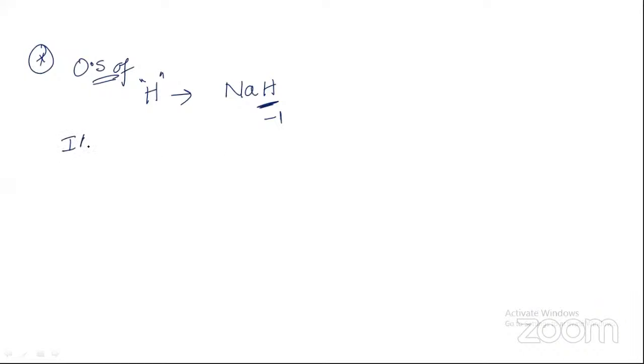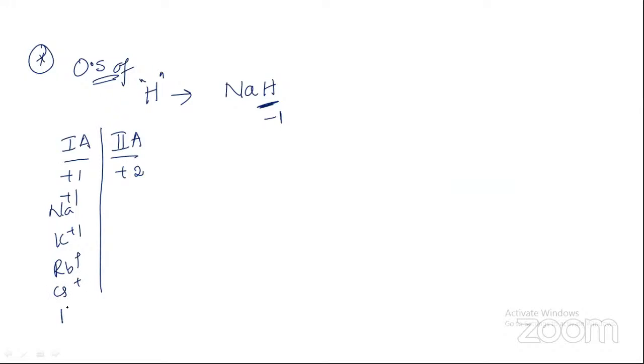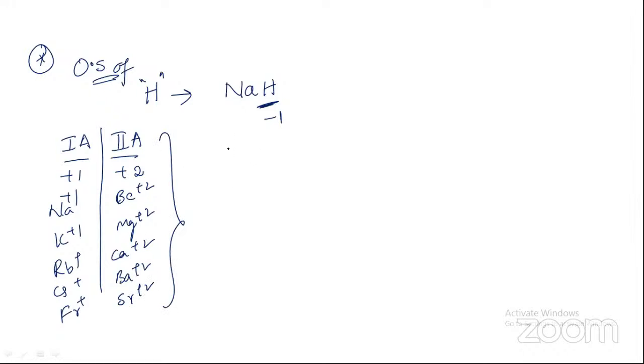If you people don't know, I am writing here: group 1A elements have +1 oxidation state and group 2A elements have +2 oxidation state. यानी सोडियम को +1 होगा और पोटाशियम को +1 होगा. रुबीडियम को भी +1, सीशियम को भी +1, फ्रांशियम को भी +1. ठीक है. जबकि बेरिलियम +2, मैग्नीशियम +2, कैल्शियम +2, बेरियम +2, स्ट्रांशियम +2, रेडियम. इन सभी को +1, +2 होगा. हाइड्रोजन ऑलवेज +1, पॉजिटिव होगा.